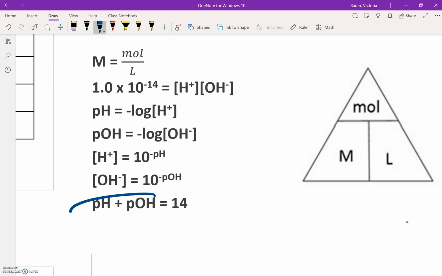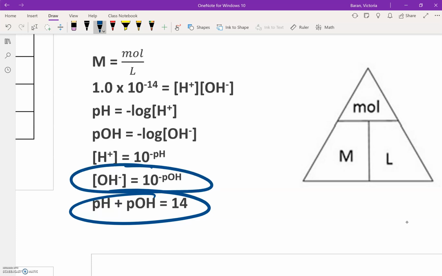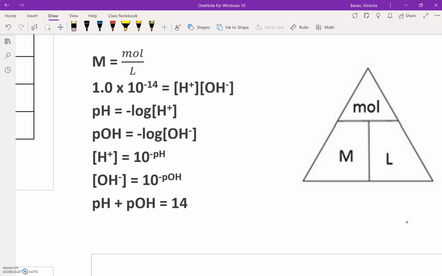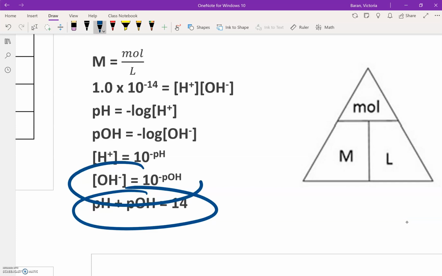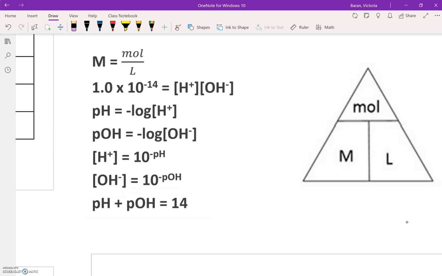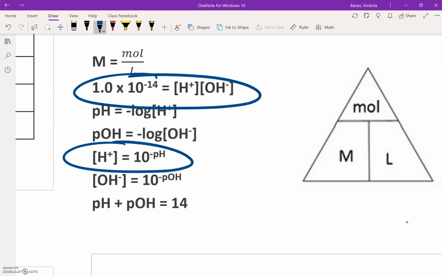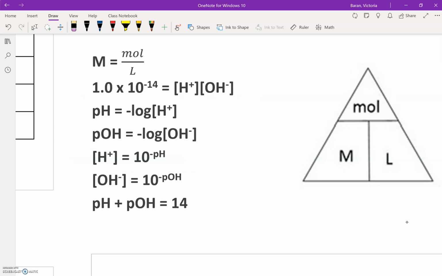However, what I'm deciding to do is I found the pOH, and now that I have that, I can plug it into this formula to find the OH minus concentration. So I'm using this equation and then this equation, but you could have also used this equation and then this equation as well, and you would still get the same answer.